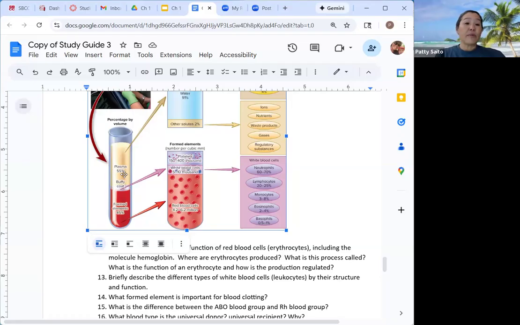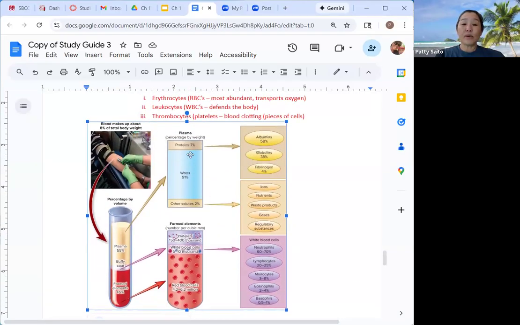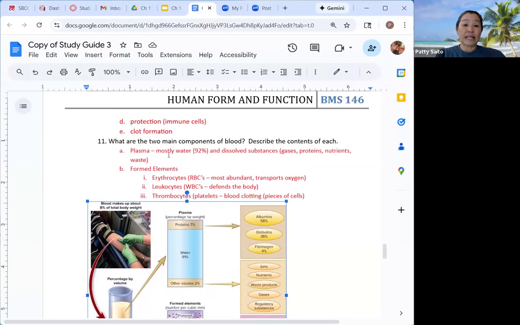And then we have plasma. The clear portion is plasma. All right. Mainly water, about 91% water. We do have some proteins and other things that are dissolved in it. All right, so those are the components of the blood. So plasma here, formed elements.